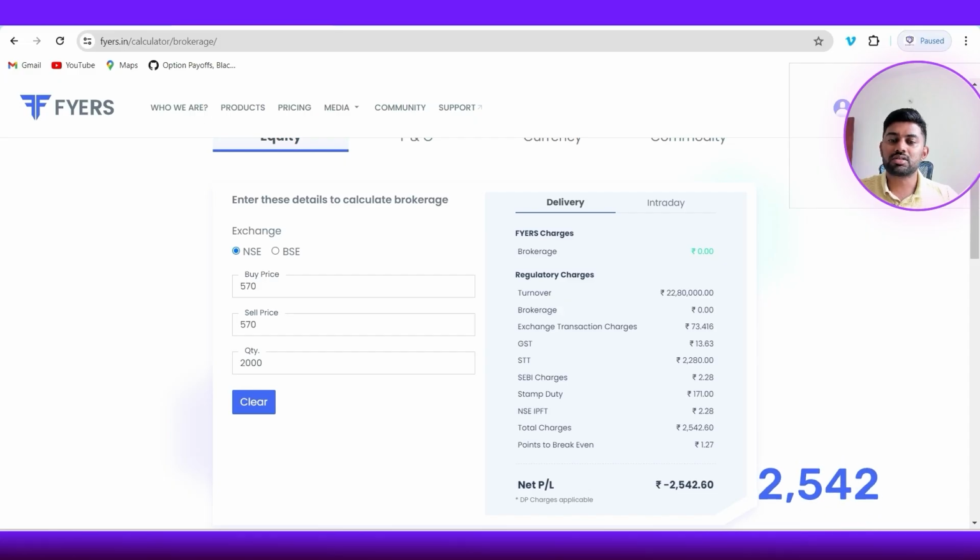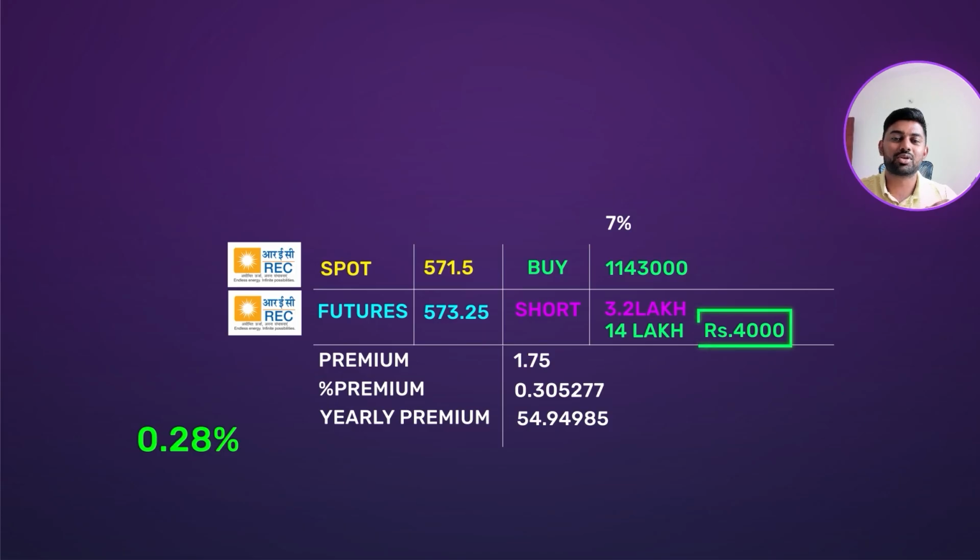So 2,542 is something that you give just to the government out of this 4,000 rupees. So in equity, you're losing approximately 2,500 rupees. To be very precise, 2,542.60 is what you're giving in equity to the government.